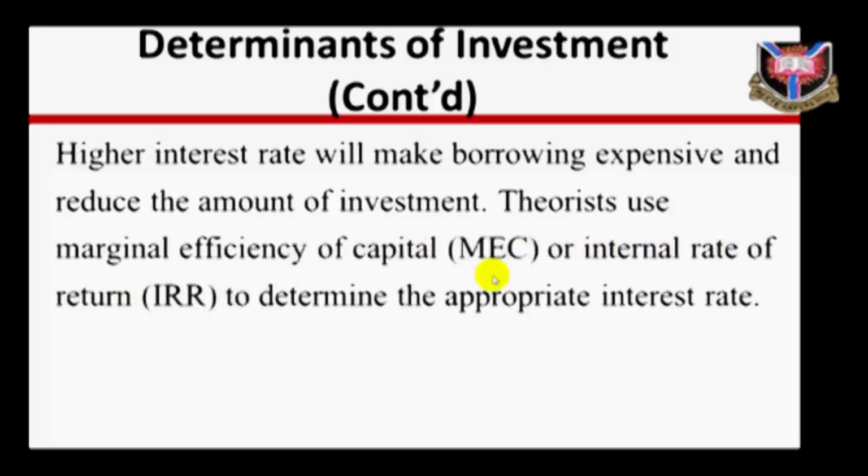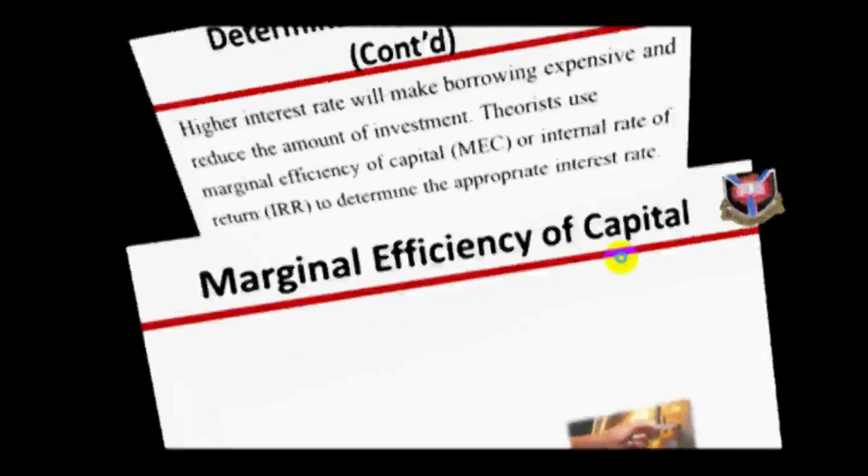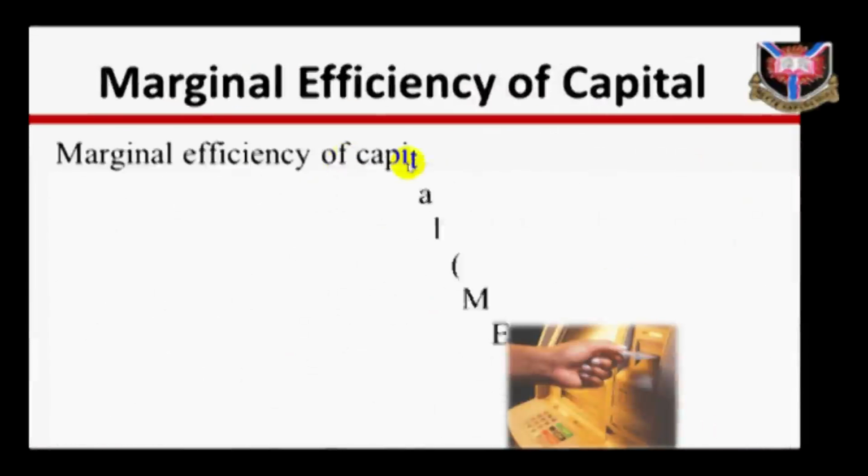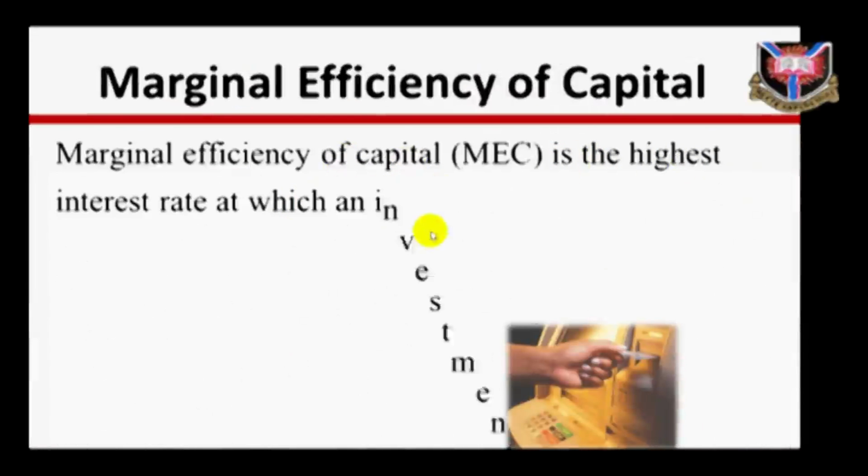We present the concept of marginal efficiency of capital. Marginal efficiency of capital is the highest interest rate at which an investment project makes neither profit nor loss. In particular, MEC depends on the supply price of capital assets and their prospective yield.